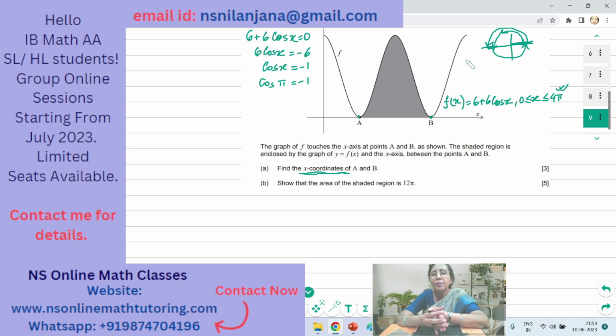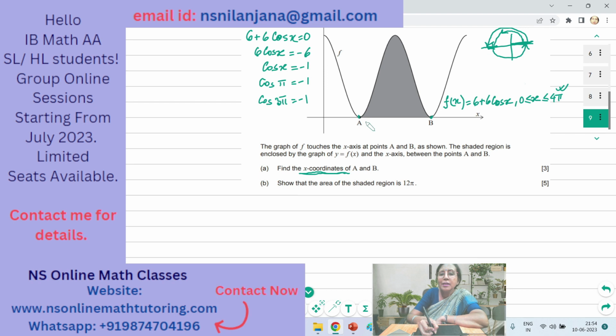The angle is not the same, but the position of the revolving ray is the same. So cos 3 pi equals cos pi equals negative 1. Therefore, another value of x that we are getting is 3 pi.